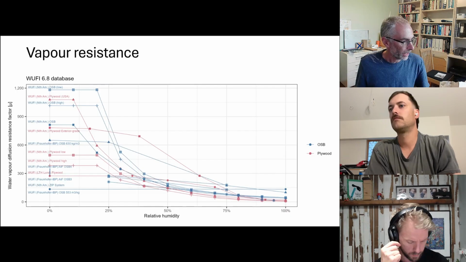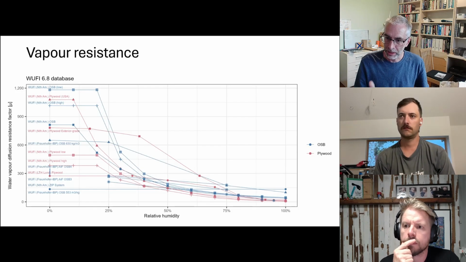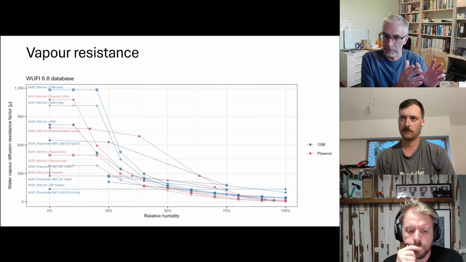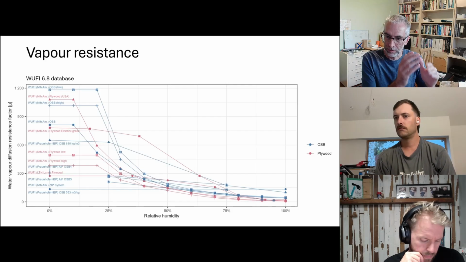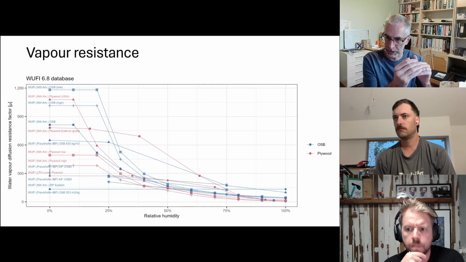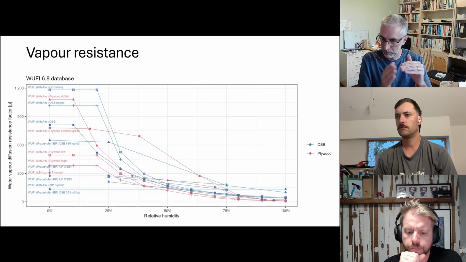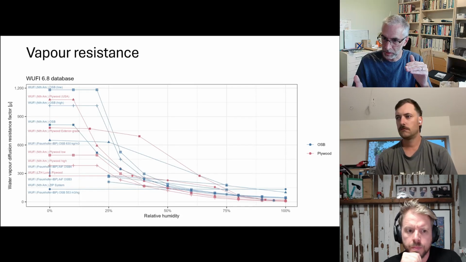Germany, and so on. And so the key characteristic we always see in these curves is that at low relative humidity, so when the air is very dry, the vapor diffusion resistance, so the ability of the material to stop vapor driving through, is relatively high. As the materials get wetter and wetter, the relative humidity increases, so the vapor resistance drops.